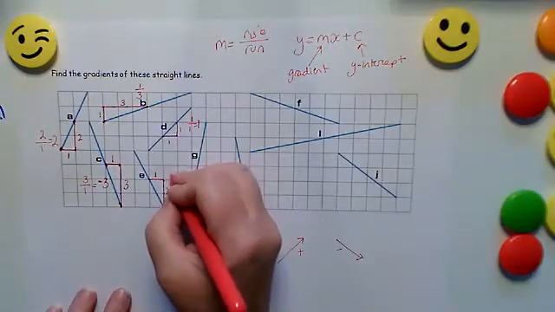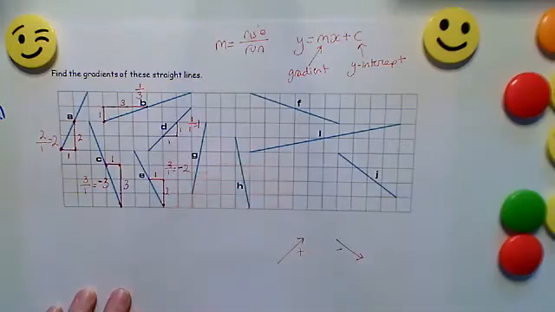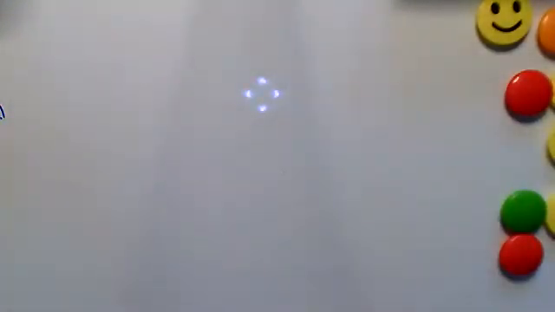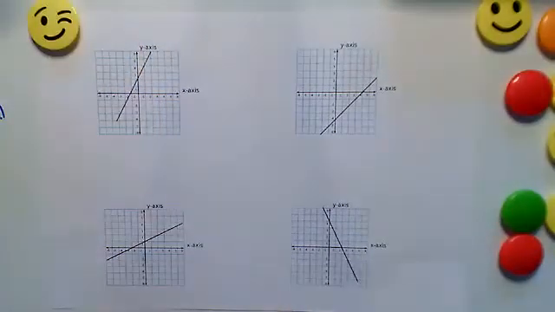So the gradient would be rise over run, and it's a negative 2. Okay, I haven't gone through all the examples. No one wants to watch me do all of that. Hopefully that's given you some idea of how to work out the gradient, and I'll just show you a few examples of how we apply that to finding the equation of a line.